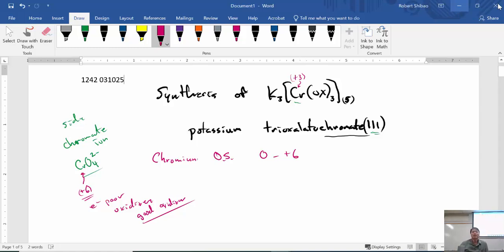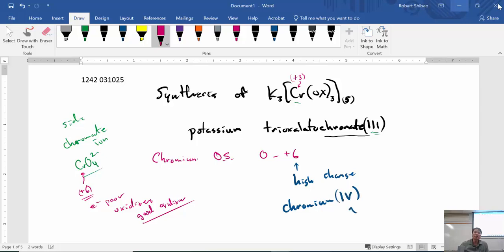So +6 is kind of a high charge. And so when we look at chromate over here, the chromium's not really +6. That's its apparent charge, assuming the bonding were 100% ionic, but the bonding is not 100% ionic. And so this is kind of the max charge here. And so sometimes we call these chromium Roman numeral 6.